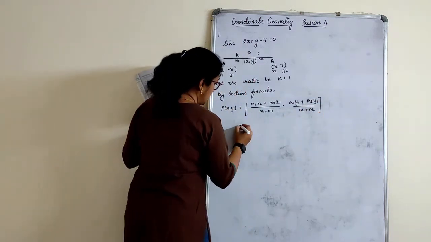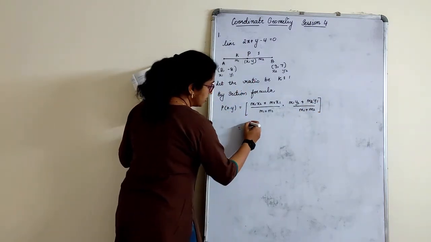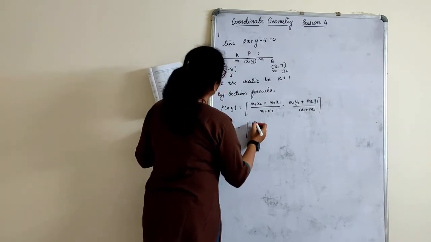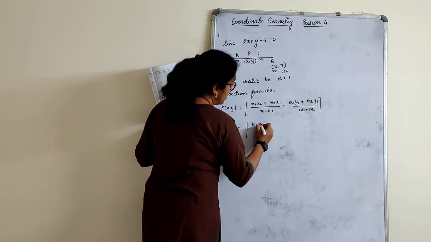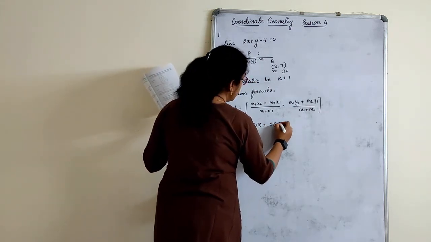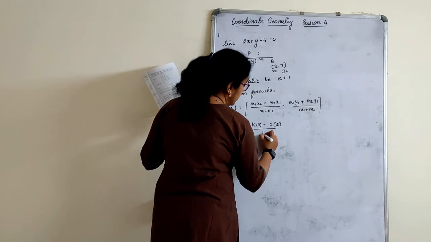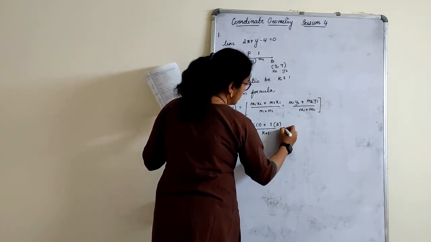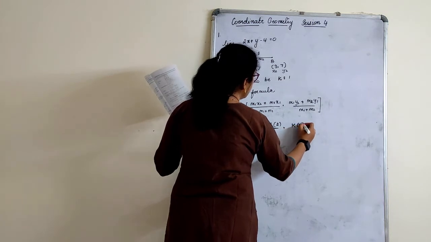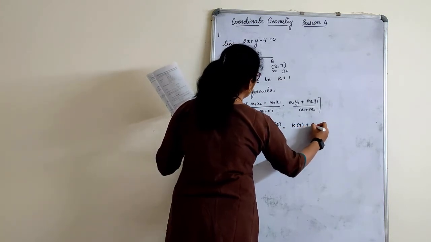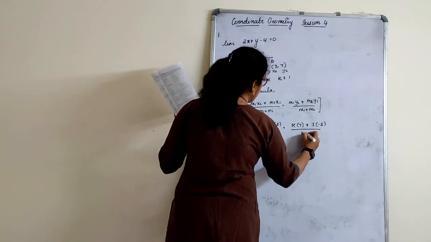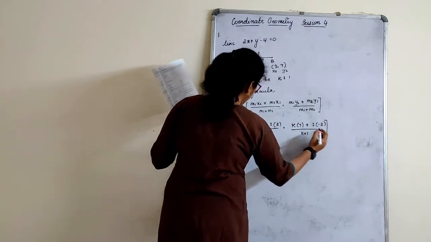Okay, substitute P(x, y) as it is, no change in that. What is m1? m1 is k. What is your x2? x2 is 3. What is your m2? 1. x1 is 2, divided by k plus 1, comma m1 is k, y2 is 7, plus m2 is 1, y1 is minus 2, divided by k plus 1.